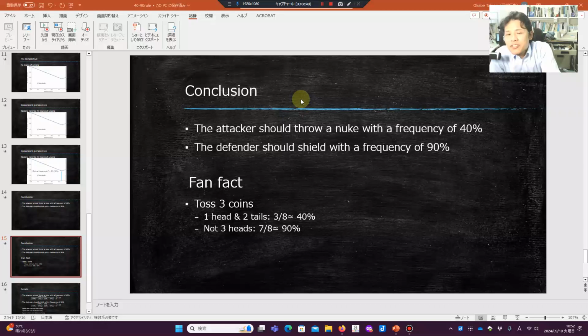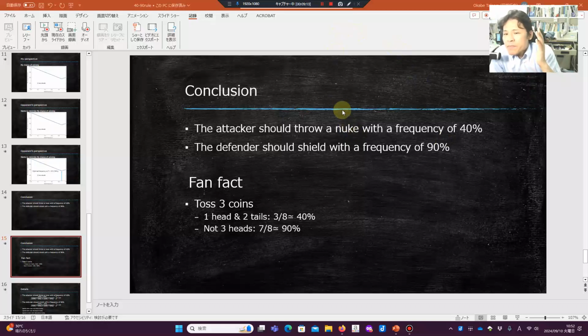To attract your attention, I give you a fun fact. Toss 3 coins. If you obtain 1 head and 2 tails, the probability is about 40%. If you find anything other than 3 heads, the probability is 90%. So consider this game a match and throw 3 coins.